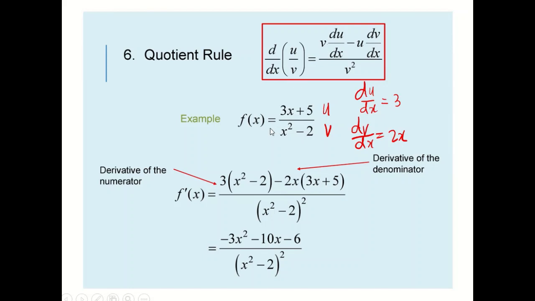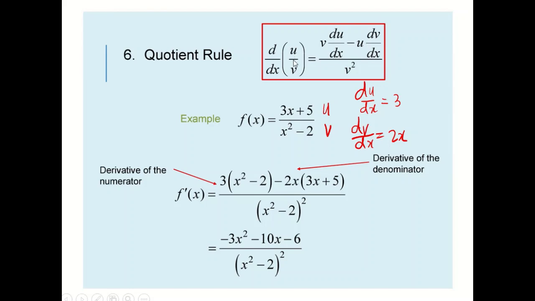As usual, we need to find du/dx and dv/dx. Differentiating u, 2 brought down times 2 is 4, 2 minus 1 is 1, so we have 4x. Differentiating v, we have 3.